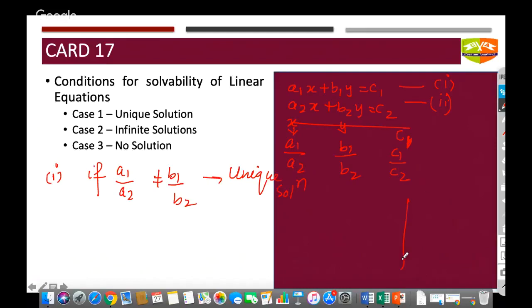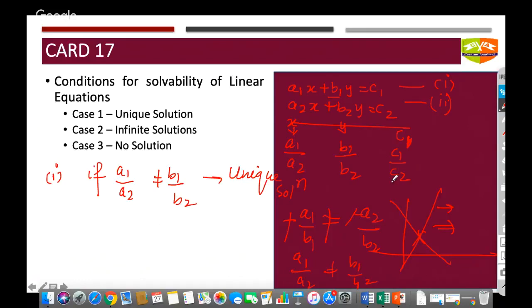And why? Because if these are my two lines and they are intersecting each other, it means that their slopes are not equal to each other. And what is the slope? If you know coordinate geometry, in the first equation the slope would be minus a1 by b1, and this will not be equal to the slope of the second, minus a2 by b2. The negatives cancel, so a1 by a2 should not be equal to b1 by b2.